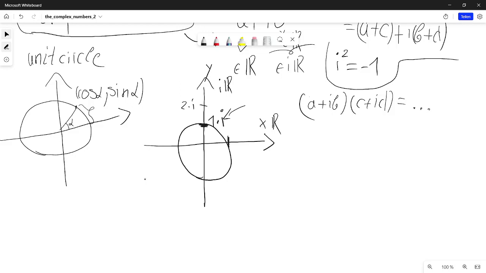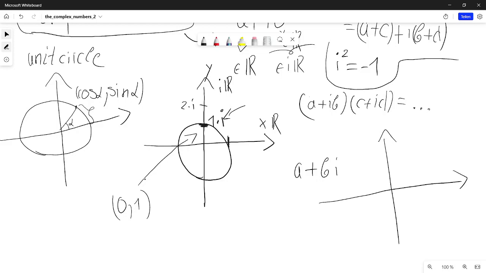Alright, if the geometry stays the same, then of course these numbers can be identified with two-component vectors. So a plus bi could be drawn here: here's some b, here's some a, here is a plus bi.